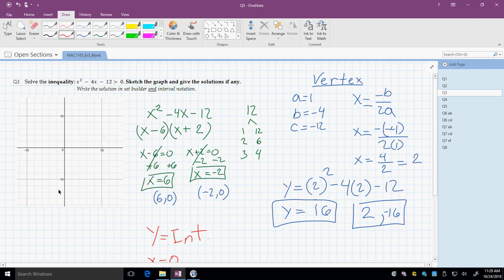That's 1 point. The other one is 6, 0. Negative 2, 0.